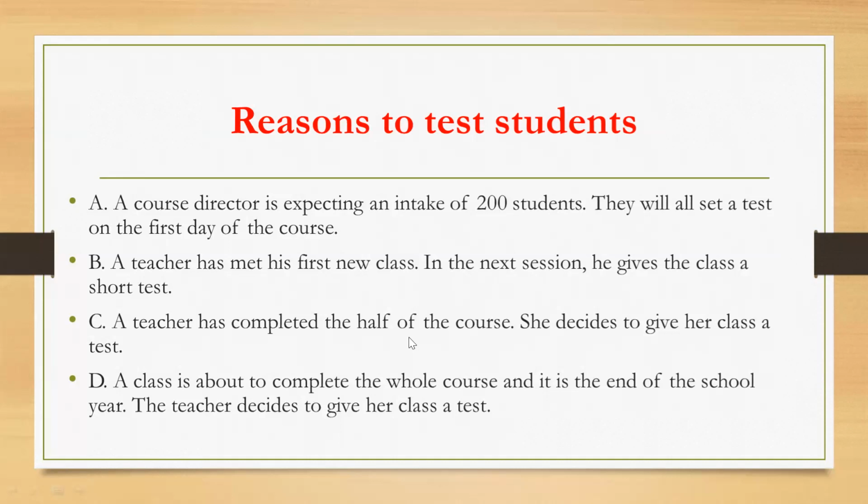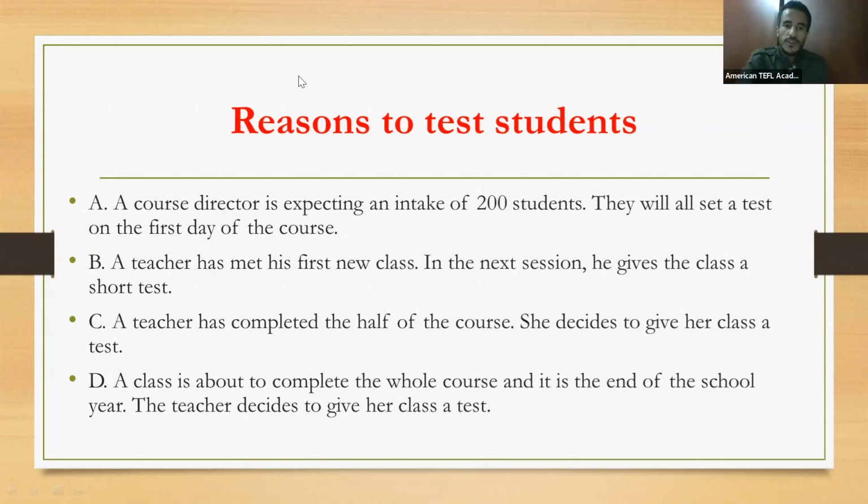C, a teacher has completed half of the course. She decides to give her class a test. D, a class is about to complete the whole course and it is the end of the school year. The teacher decides to give her class a test.